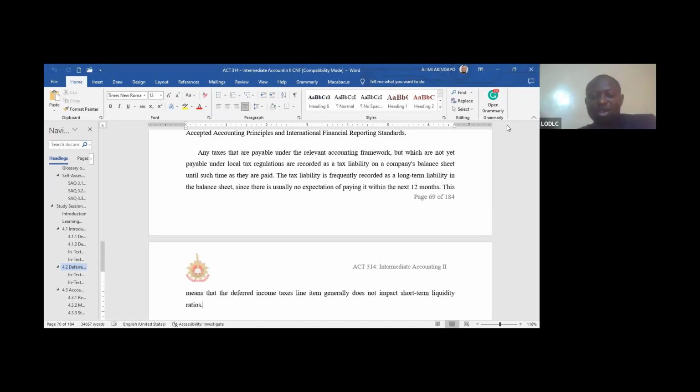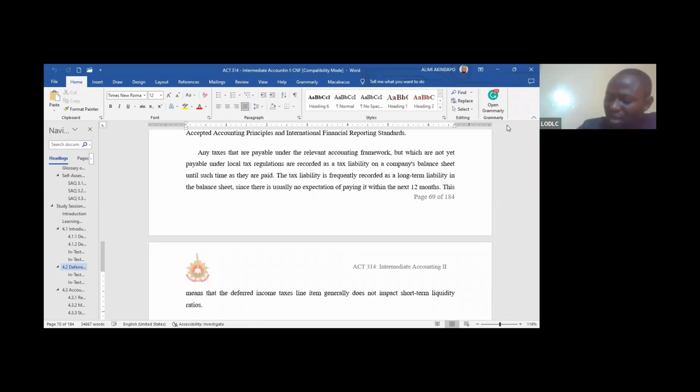What they are saying here is that both the deferred tax asset and deferred tax liability should be recorded inside what? The statement of financial position, and they are not currently due for what? For payment. So the tax liability is frequently recorded as a long-term liability. That's the deferred tax liability is currently recorded as a long-term liability in the statement of financial position, since there is usually no expectation of paying it within the next 12 months.